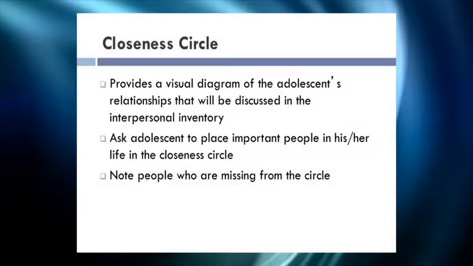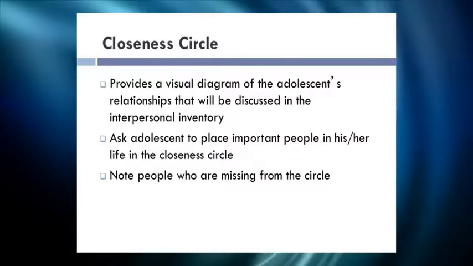The way that we've come to do this is we use something called a closeness circle, which provides a visual diagram of the adolescent's relationships. It's sort of a picture of their life. If this was a book, who would be the primary characters in the book, and how are they related to the adolescent? We use the closeness circle as a way to start the interpersonal inventory. It's a nice first step.